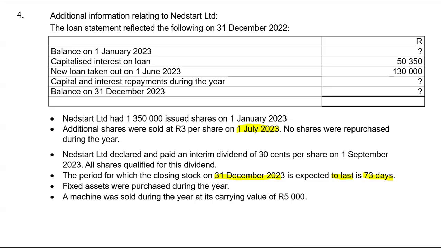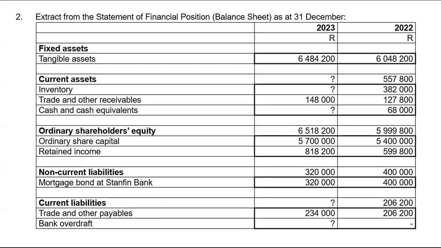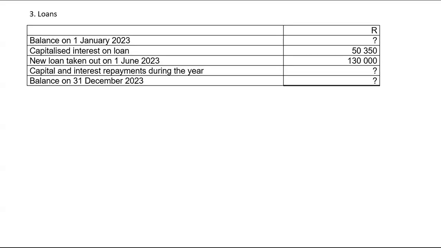It was given to me in my extract from the statement of financial position. So we have 400,000 at the beginning of the year. We have 320,000 at the end of the year. I will simply use that to calculate what I need. And let me just do it quickly here. So basically, this is what I'm going to do. I have that question mark at the beginning of the year, and I have the question mark at the end of the year.